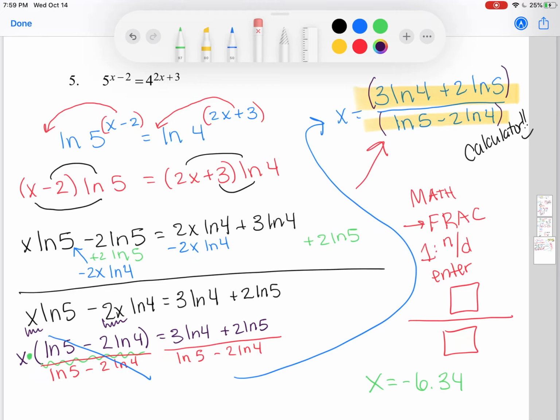I know I started with this ln over here, but that wasn't the original. The original was all of this in just exponential form. So it doesn't matter if it's going to be negative. It doesn't matter if it's going to be 0. So no matter what, I know that x equals negative 6.34 is going to be my solution. So I can circle it and be on my way.